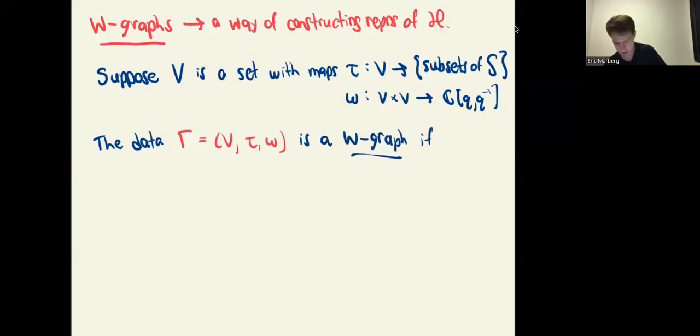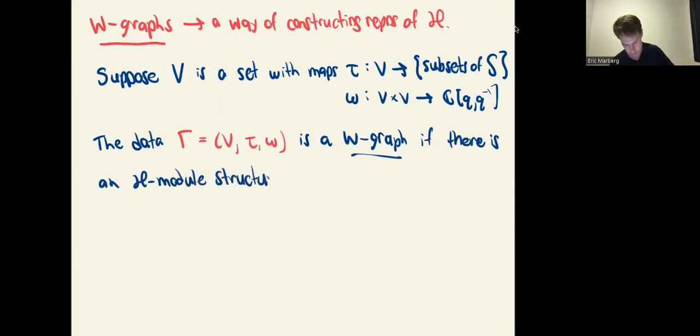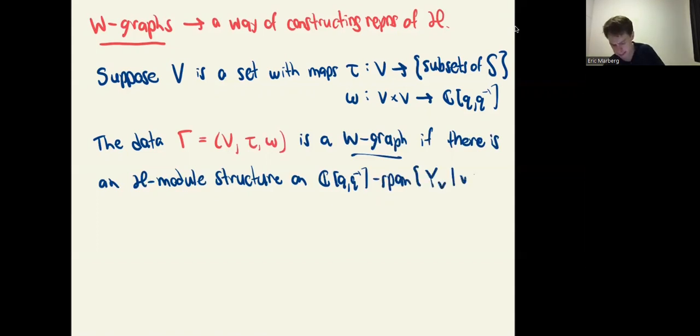if there is an H-module structure on the set of formal linear combinations of elements of V. So I'll just say some basis Y_V that's indexed by V, satisfying the following formula.